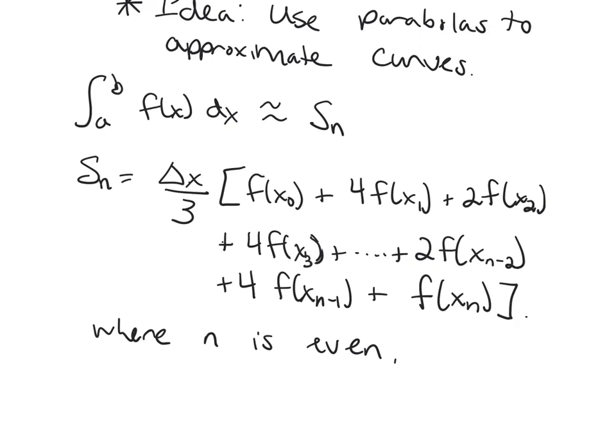If my function is a straight line, then a Riemann sum does a really good job of approximating it. But if I have a function that's very curved, then this does a better job because it's accounting for the curvature, since I'm using parabolas. So in general, this might be better than just a regular Riemann sum. Any other questions?